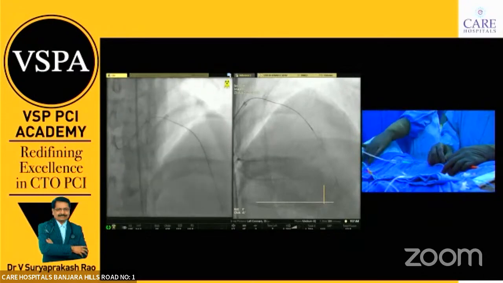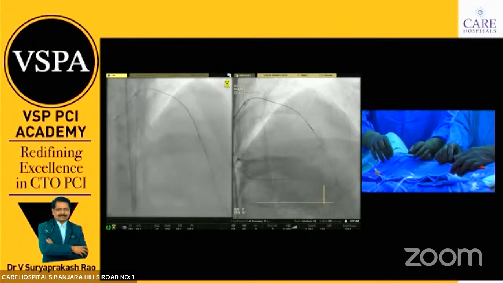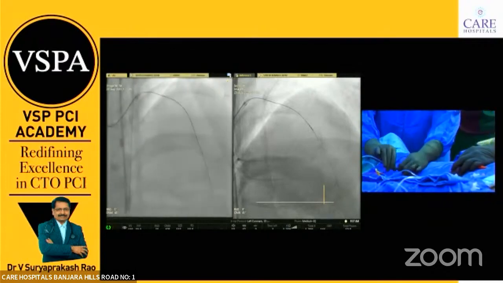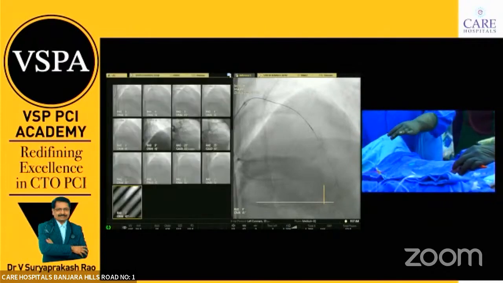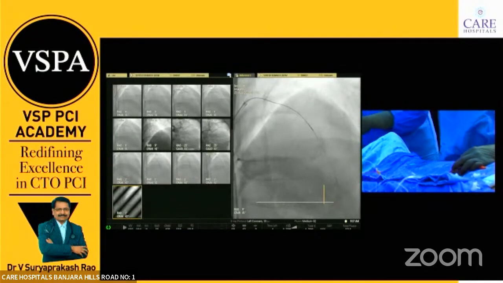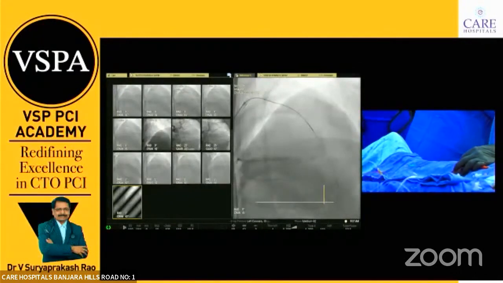Now I will take the lowest profile balloon of your choice, which you are working with. In this, I think we can try this Ryujin... how much size? 2 Ryujin, yes. We are trying a 2 Ryujin.